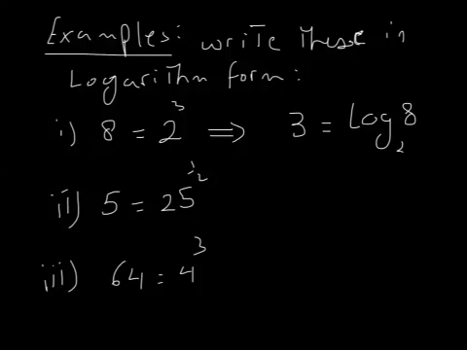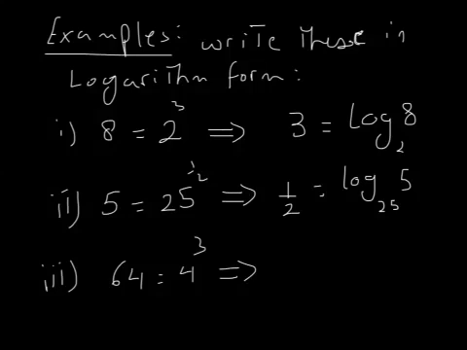Same thing here: a half is equal to log 5 base 25. Same thing, 3 is equal to log 64 base 4. So you should be able to change from index to logarithm or from logarithm to index form.